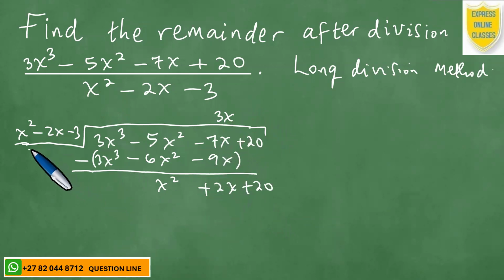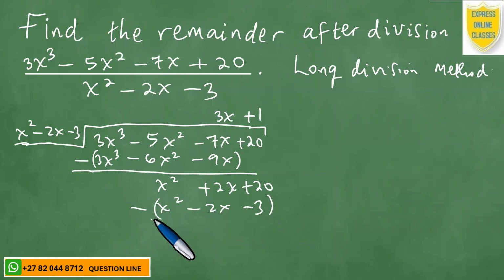Okay, next, we divide this x squared by x squared, we get a 1, we put it here. X squared by 1, minus 2x minus 3. All right, so x squared minus x squared is a 0.